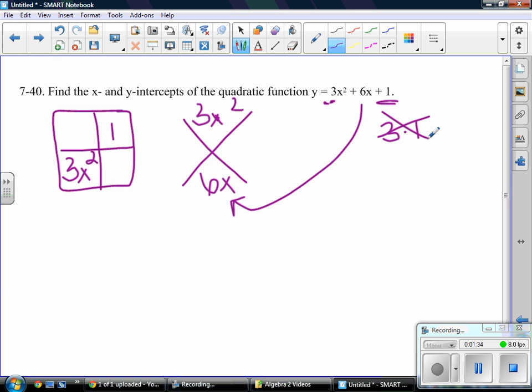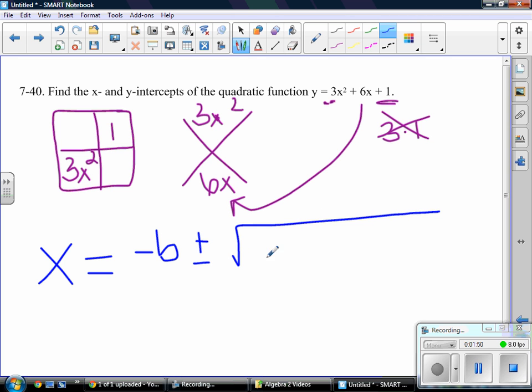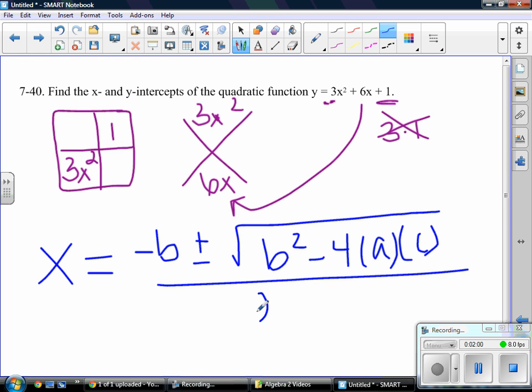Well, no, you guys know another way how to solve for x, and that's going to be using the quadratic formula. The quadratic formula is x equals opposite of b, or you may call it negative b, plus or minus square root of b squared minus 4 times a times c, all divided by 2a.